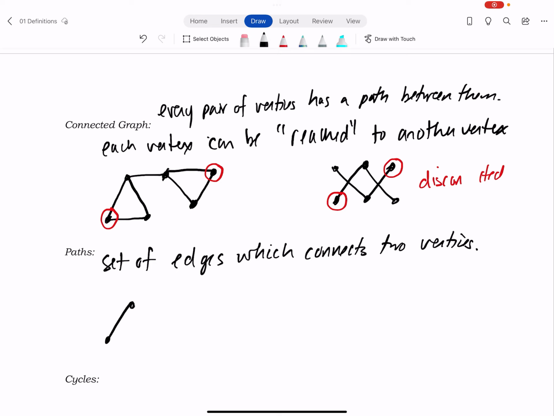So if I go back to this graph here, I would call this a path between the top right and bottom left vertices.